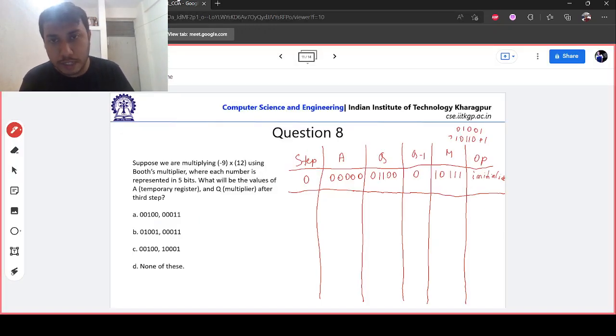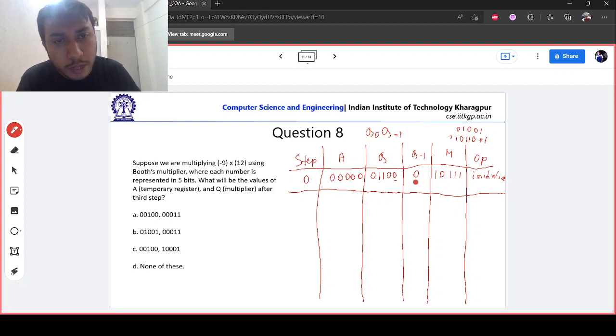So what is the next step? If you remember Booth's algorithm, at each step we check what is the value that is in Q0 and Q minus 1. So what is Q0?